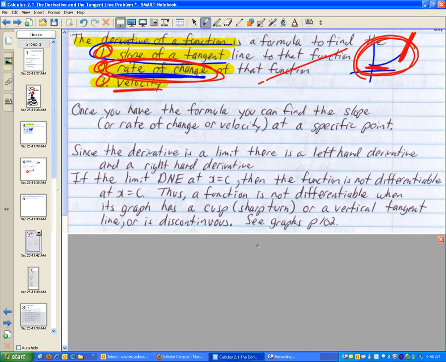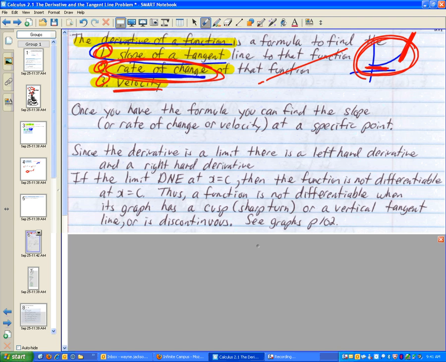Because we studied limits long enough to know that limits don't always exist, do they? We can have different things that happen to make a limit not exist. We can have the left-hand limit not equal the right-hand limit. We can have a vertical asymptote where the function's going to infinity or negative infinity or a different one from each side. Okay?